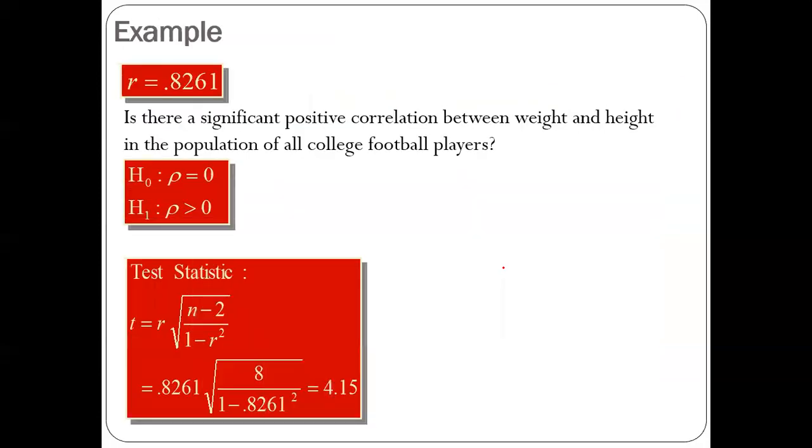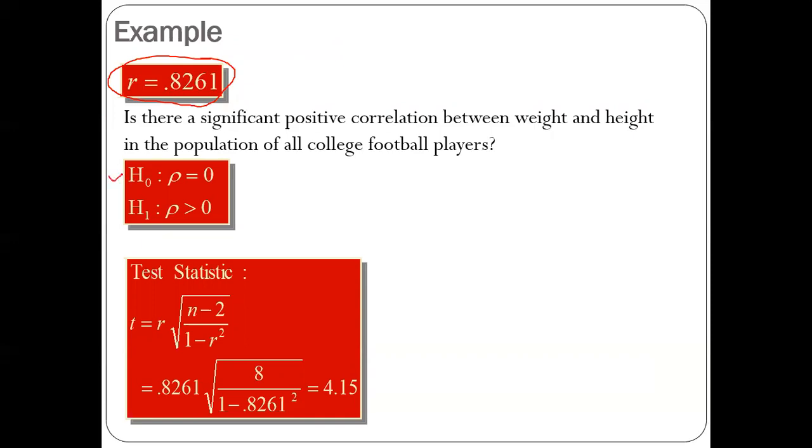Now we already have the value of R that we calculated before. The question asks: is there a significant positive correlation between weight and height in the population of all college football players? So now we state the null and alternative hypotheses.